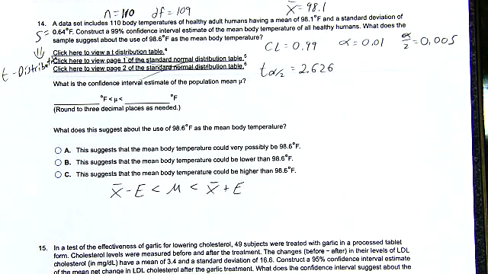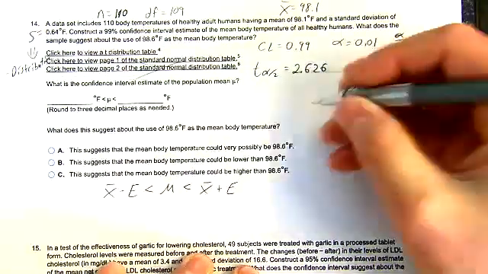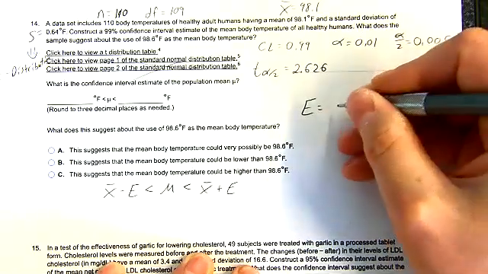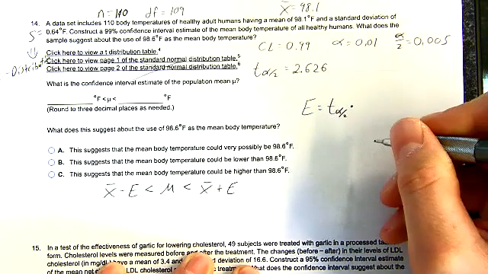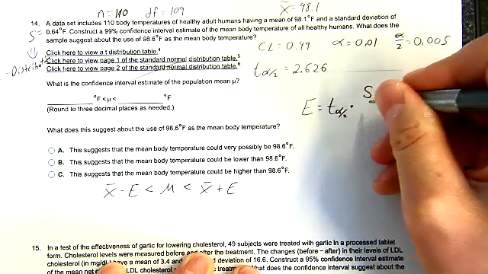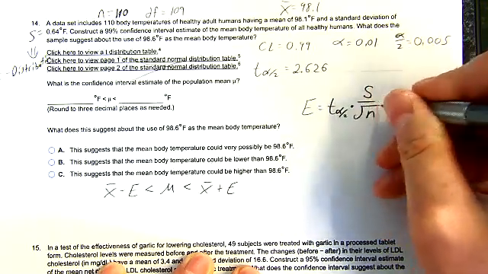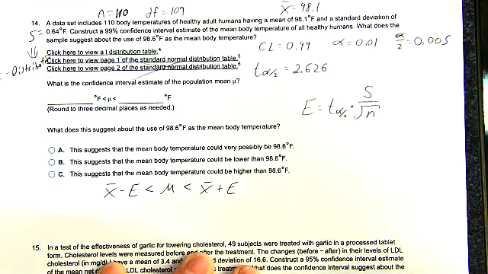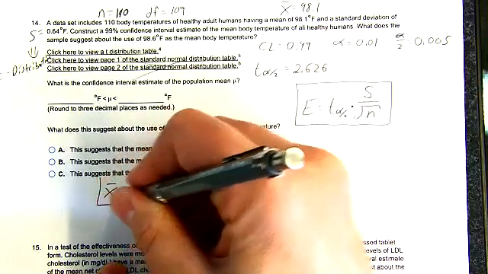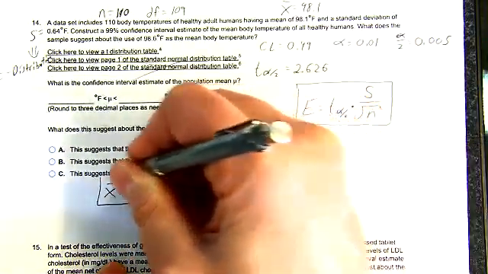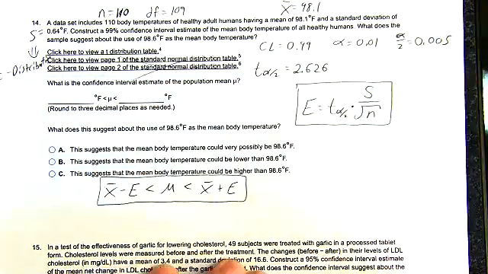But that then begs the question, what is the margin of error? Well, in a problem like this, margin of error is equal to your t alpha over 2 value times your sample standard deviation divided by the square root of the sample size. Let's box that, and let's box this, because we're going to use those many times.